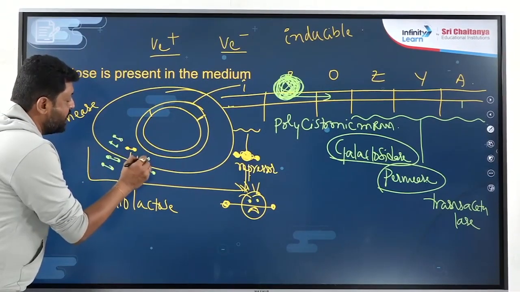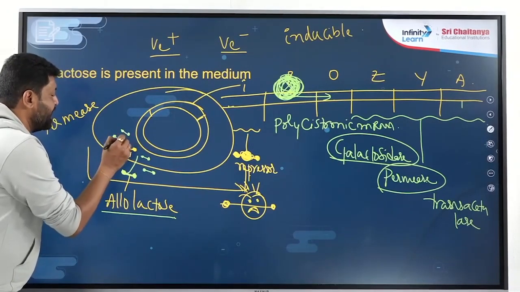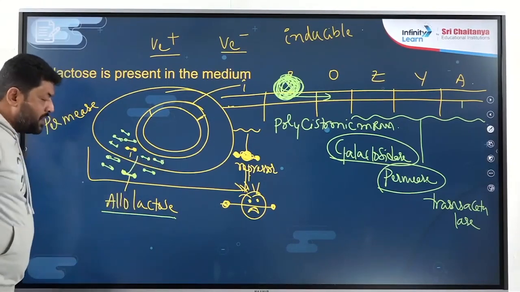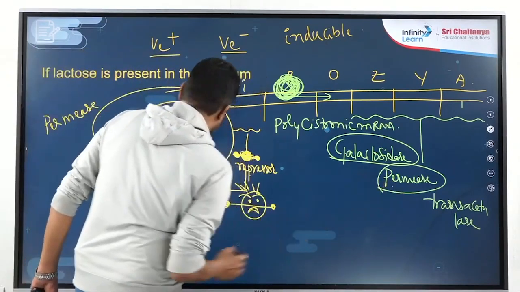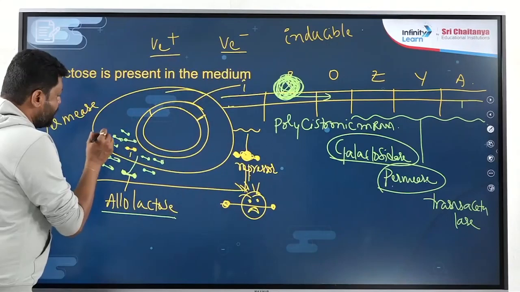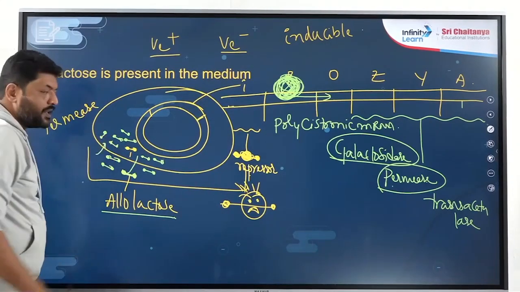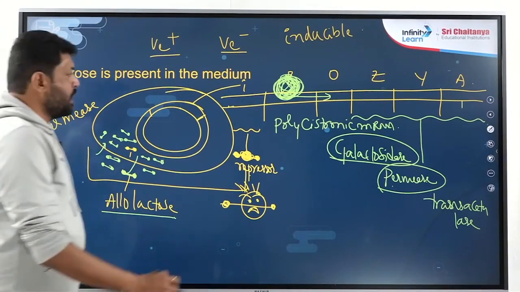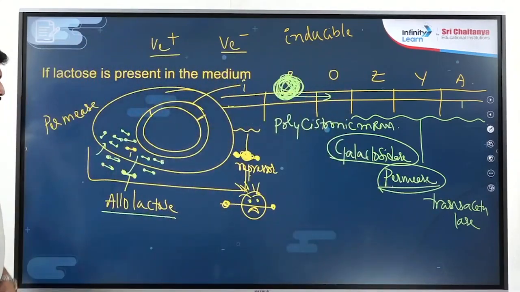The first lactose, the yellow one, I call allolactose. It is not metabolized, not broken into glucose and galactose, hence it is called allolactose. When permease is synthesized, the remaining lactoses enter the bacterial cell. So permease increases the permeability for lactose.